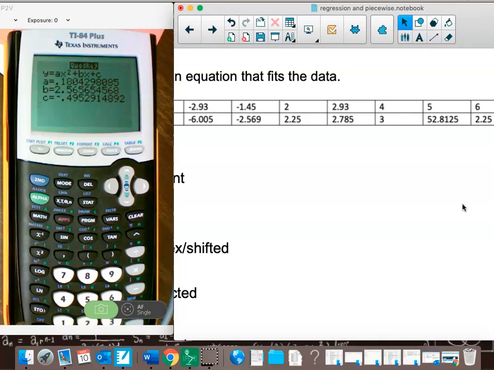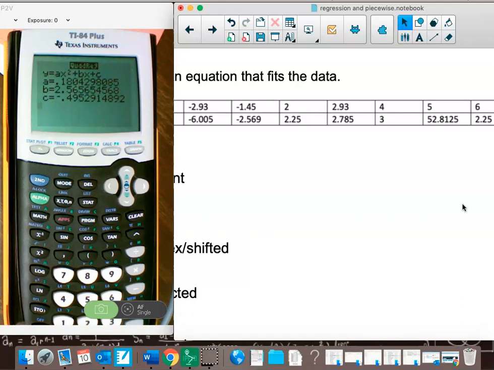So our equation would be y equals 0.18x squared plus 2.57x minus 0.5 roughly. Yeah, you can round to maybe 2 decimals. It's fine.